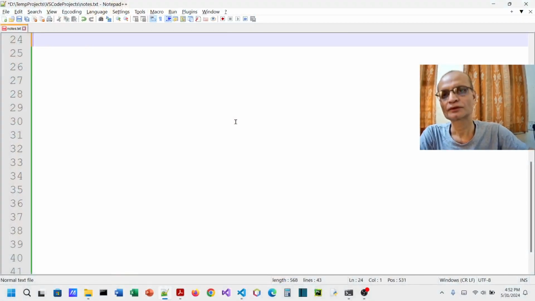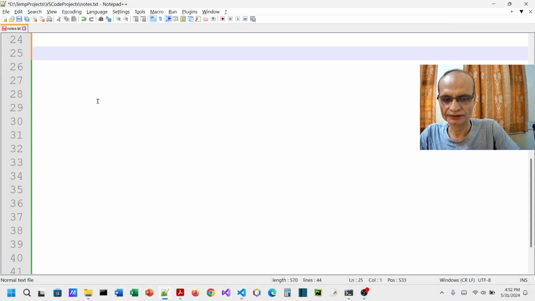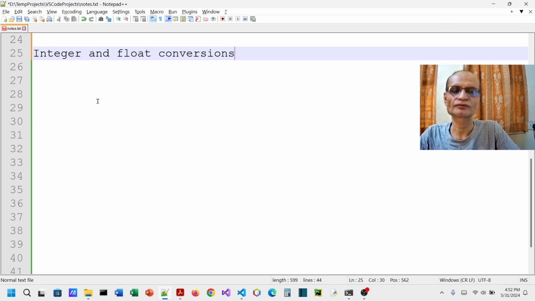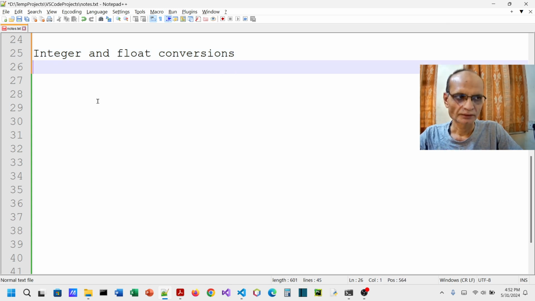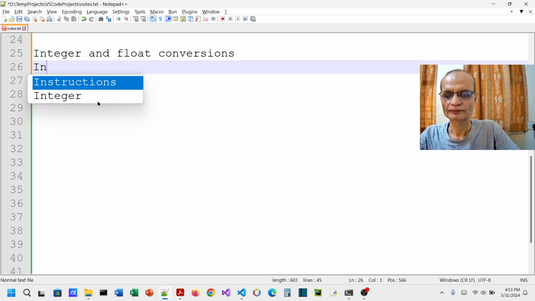Here we will first understand how to carry out integer and float conversion. So let us say integer and float conversions. This is what we want to focus on. Whenever we have an arithmetic operation between integers, it is going to yield an integer only.